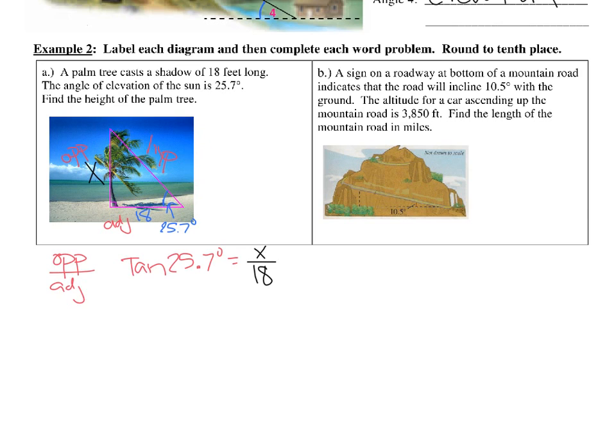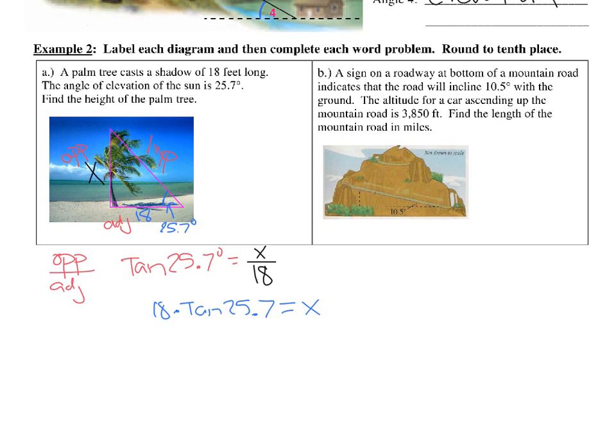All right, so now we're solving. Basically all we have to do here is think about cross multiplying in a sense. So we're going to multiply 18 times tangent of 25.7. That's going to be equal to our x. Remember, when we were doing this in our calculator, you want to make sure that you are in degree mode first.